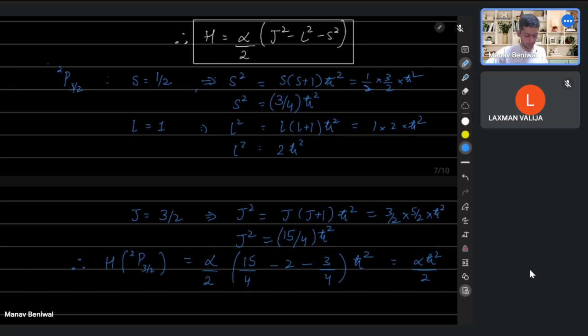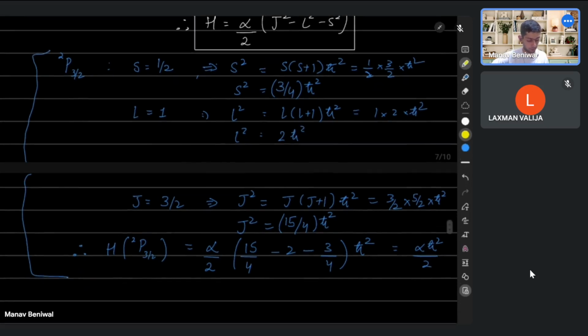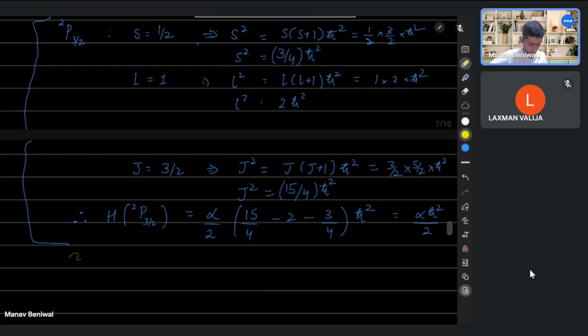Now we can repeat this same exact procedure for 2p 1 by 2. For 2p 1 by 2, s is half, so s squared will come out the same, which is 3 by 4 h cut squared.